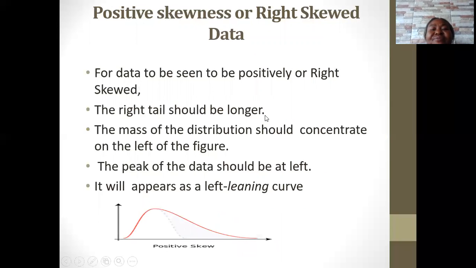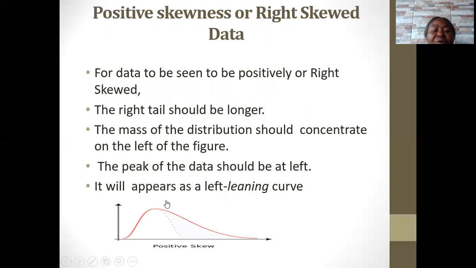Let's look at positive skewness or right skewed data. For data to be seen to be positively or right skewed, the right tail should be longer, and in this case, the mass of the distribution should concentrate on the left of the figure, as you can see here.